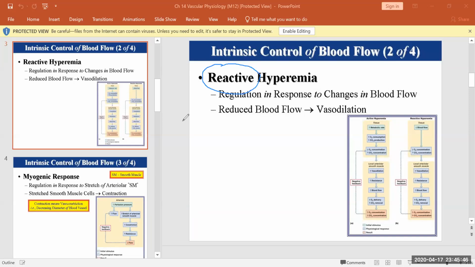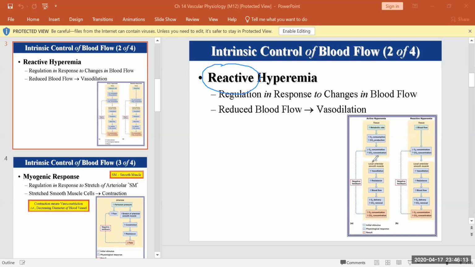From that point on, the mechanism is the same between reactive hyperemia and active hyperemia. The blood vessels will dilate, allowing more blood to come in, delivering more oxygen, delivering more nutrients, picking up more CO2, picking up more cellular waste away from systemic tissues, restoring homeostasis.